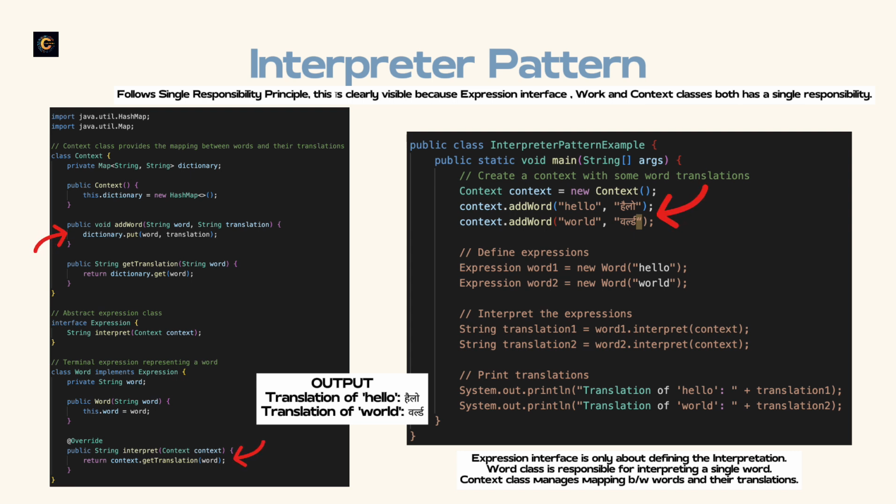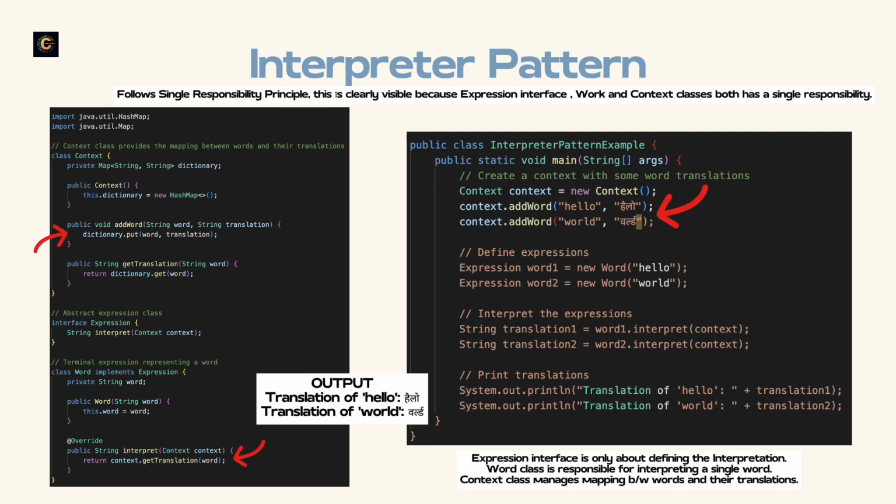This is clearly visible because expression interface, word and context classes each has a single responsibility. Expression interface is only about defining the interpretation. Word class is responsible for interpreting a single word.